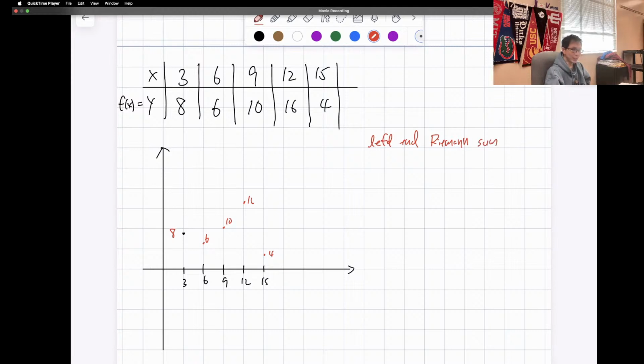The biggest thing is the width of regular intervals, which is equal to b minus a over n. So the distance between 15 and 3 is 12, right? I'm going to divide it by the total amount, 4 spaces. I'm going to divide by 4, 4 equal spaces. So the first part, I'm going to use the left Riemann sum.